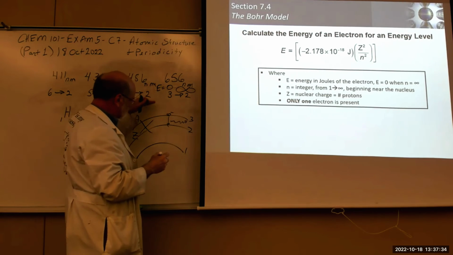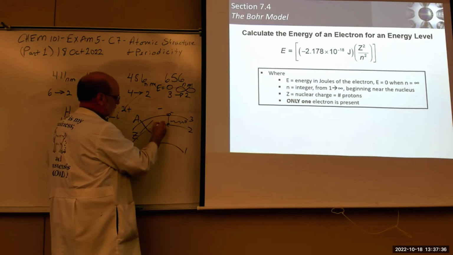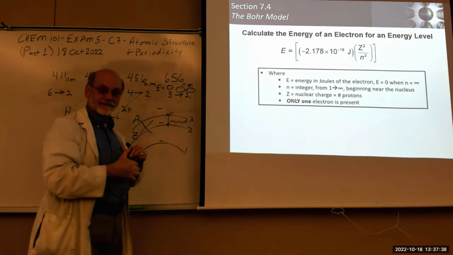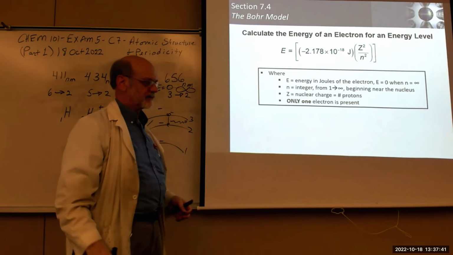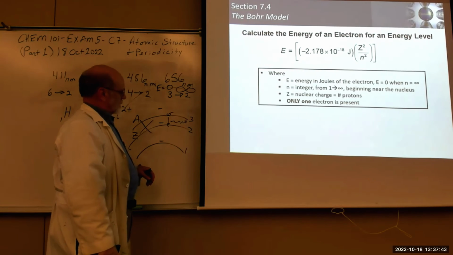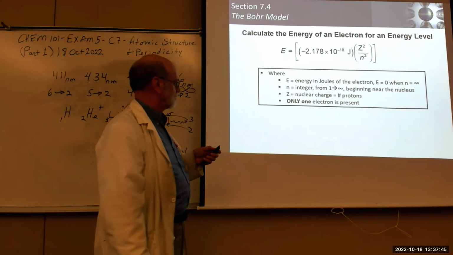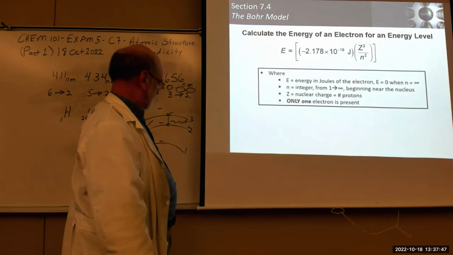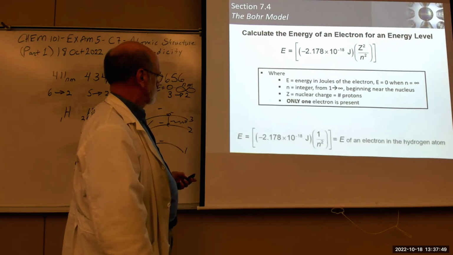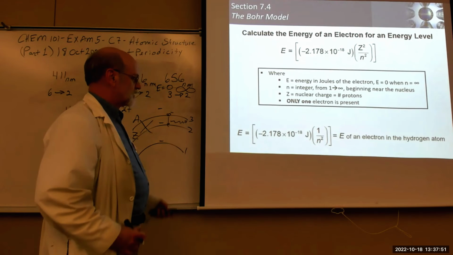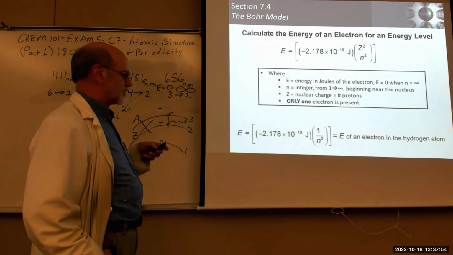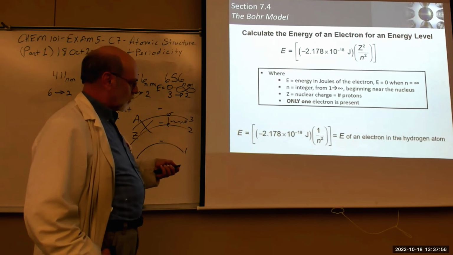So anything closer to the nucleus is more negative. Okay, just by convention. So this would be the energy of electron for a hydrogen atom. Notice that we've only got 1 here, C1.